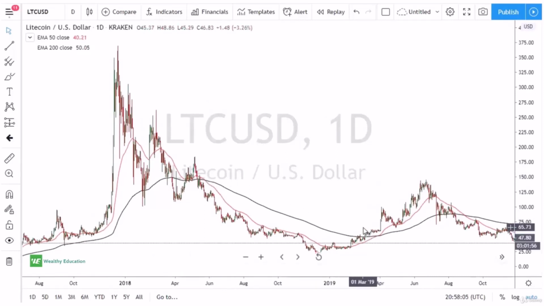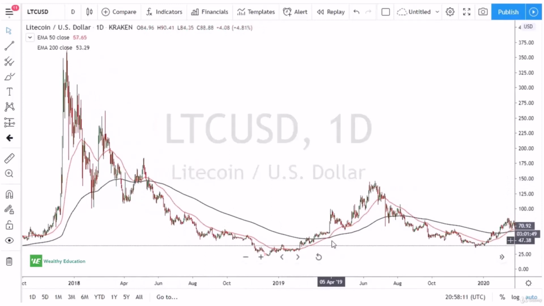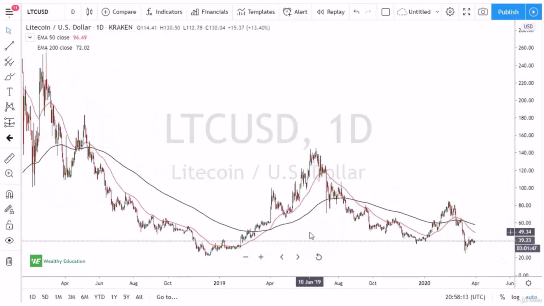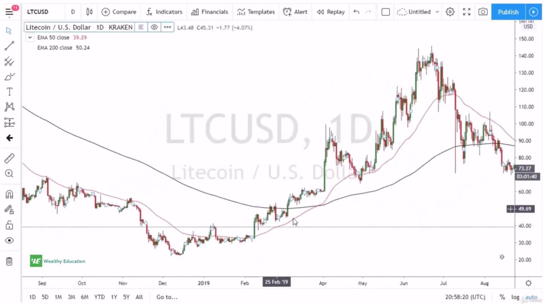Again, though, not a big fan of these, just simply because for the most part, they don't work, to be honest with you. You get massive gains or you get stopped out with a loss. It's kind of nowhere in between. That being said, when you look at this, you can see that the 200-day EMA did offer a certain amount of resistance and then support.